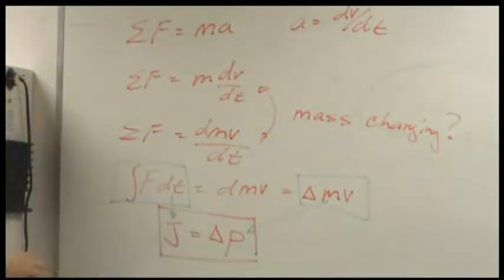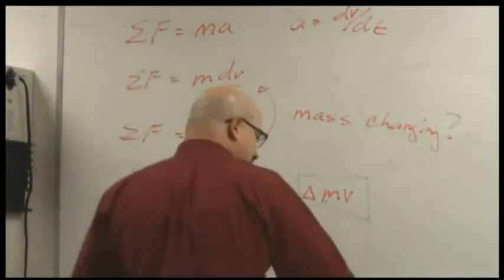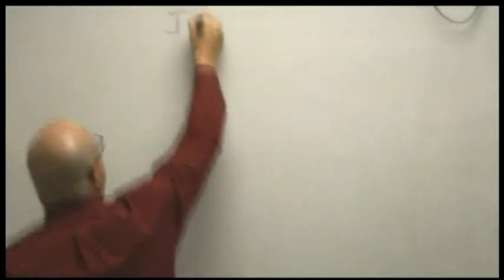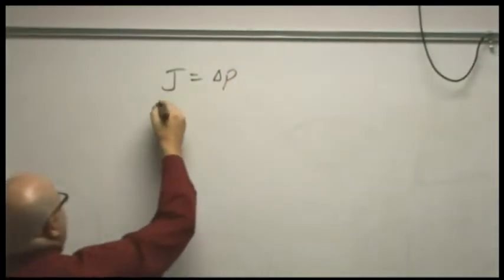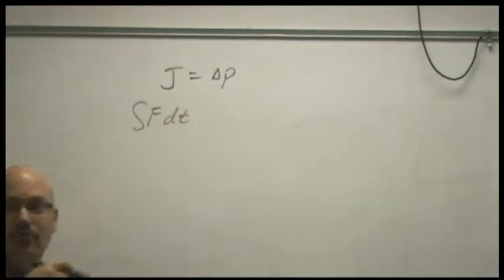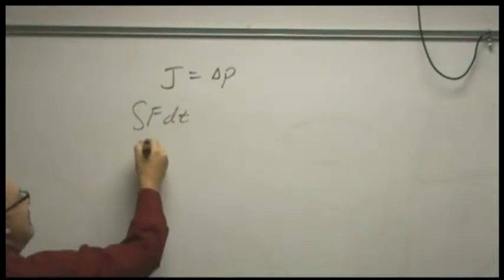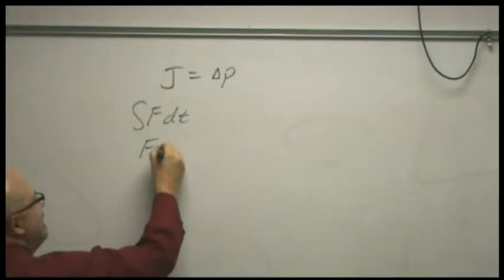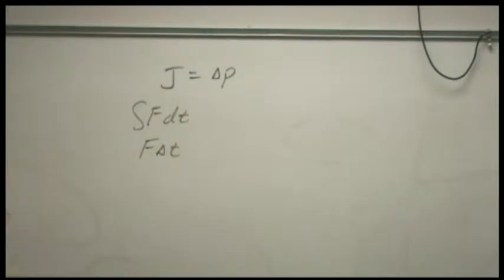You will see this many multiple ways, so let me write all the ways that you might practically see this. J equals delta P. This side is the integral of F dt. If the force is remaining constant, a lot of times you'll just see it as F delta t, but that's only if the force is staying constant. The integral is the most general form.